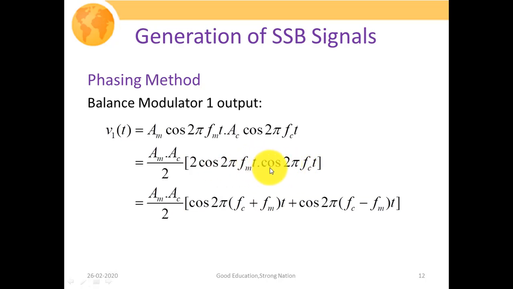After applying the 2 cos A cos B formula, what we are left with is cos of 2 pi (fc plus fm) t and cos of 2 pi (fc minus fm) t, and the amplitude of this combined signal is Am times Ac by 2. This represents the upper sideband and this represents the lower sideband. So again, this is the double sideband suppressed carrier signal, as we already know that the output of any balanced modulator is a double sideband suppressed carrier signal.